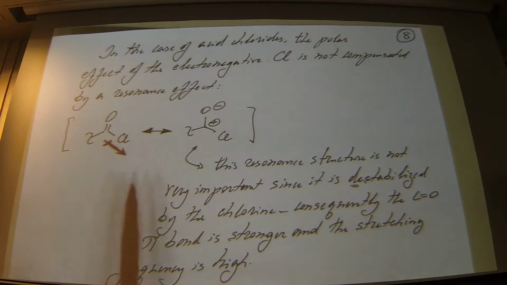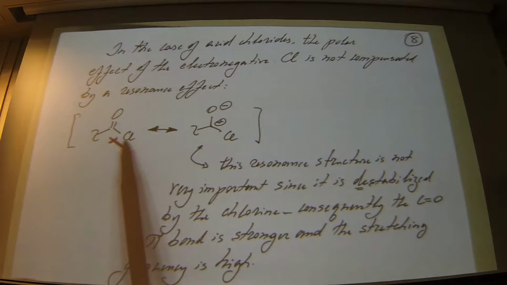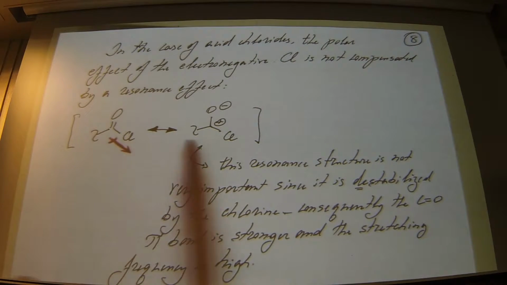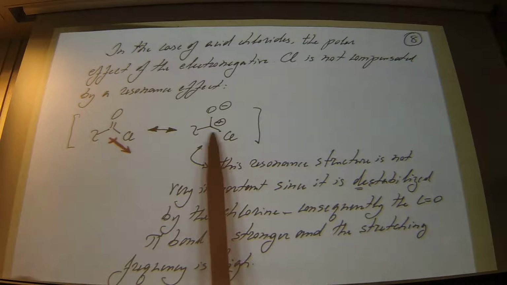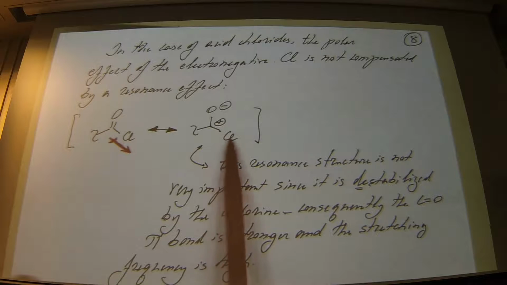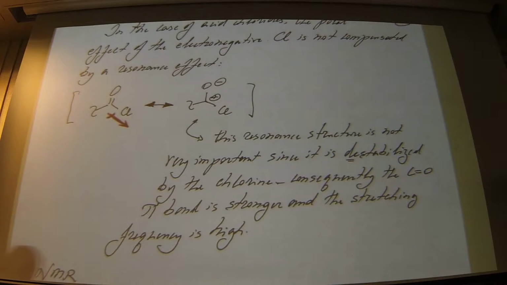Now, remember that chlorine is electron withdrawing compared to carbon. And so this resonance structure, which would be perfectly okay if you had something other than a strong electron withdrawing group, is not particularly important. Why?